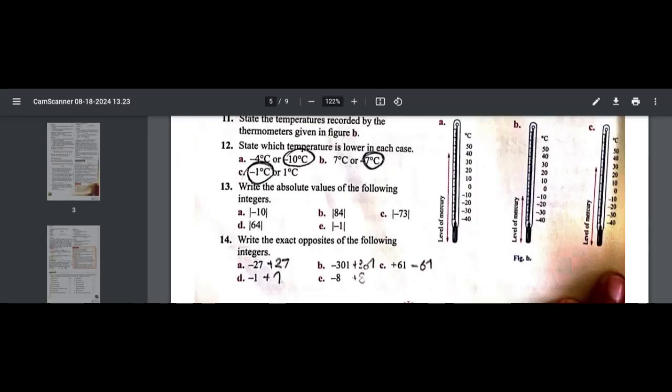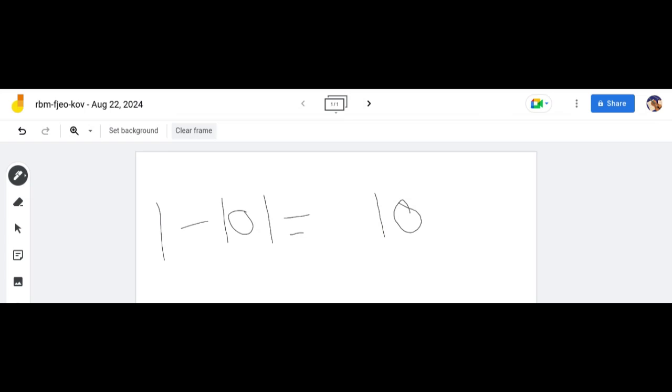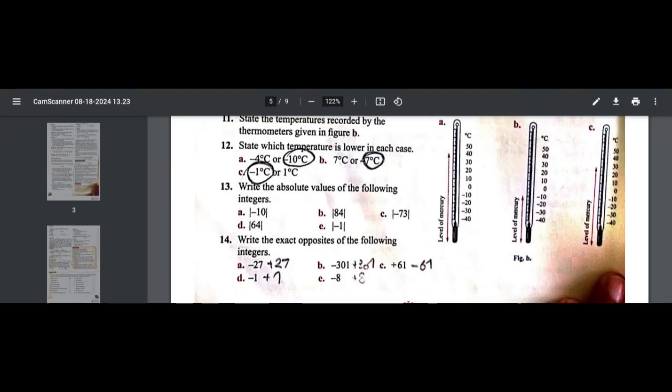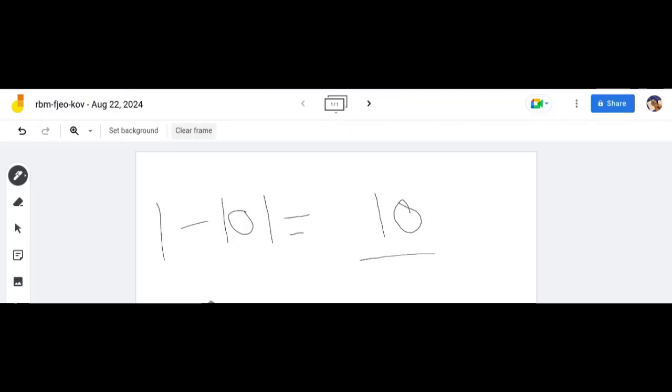The minus 10, as I told you, the absolute value cannot have a negative sign. So we have this integer, we have to convert it into absolute value. The minus 10 integer has this absolute value. And for the next number, 84, what will be the absolute value of 84? The absolute value of 84 is 84.